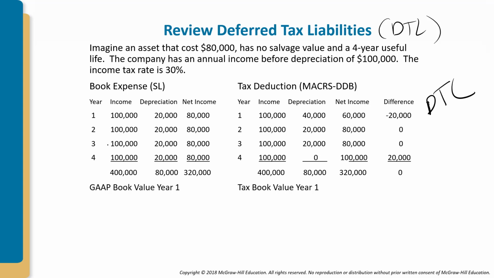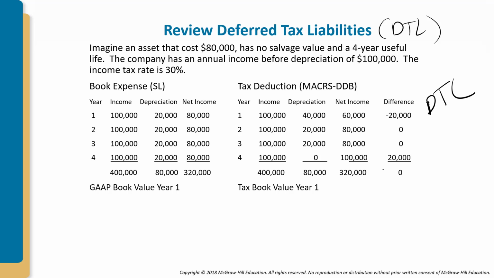We are dealing with this from a book standpoint, from a GAAP standpoint. So you could look at this and say that because we're not paying tax on $20,000 of it this year, we have to make that up later. So we're not eliminating the tax liability on this $20,000. We're actually just postponing it to the 4th year. Okay? All right, just kind of keep that in mind.